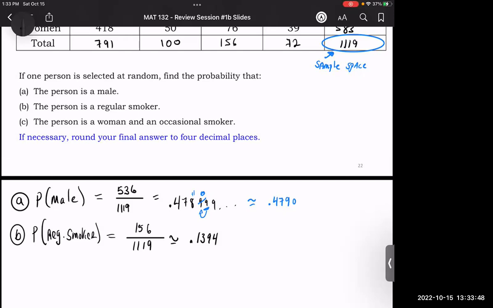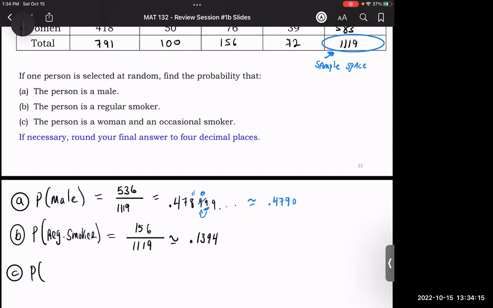It says that one person is selected at random. So just keep in mind that we're looking at one particular event, this one trial where we're selecting this one person. The person has these two characteristics: a woman and an occasional smoker.